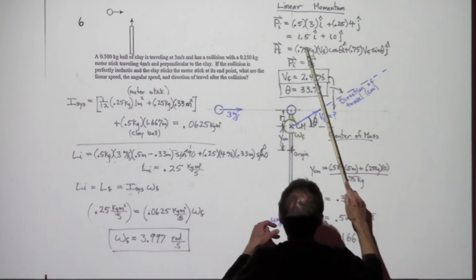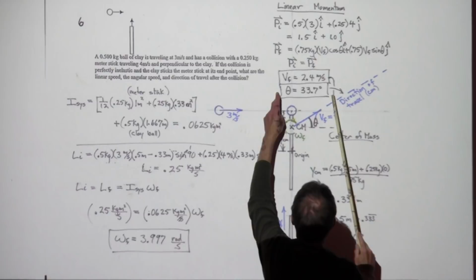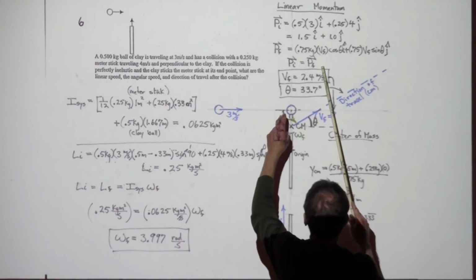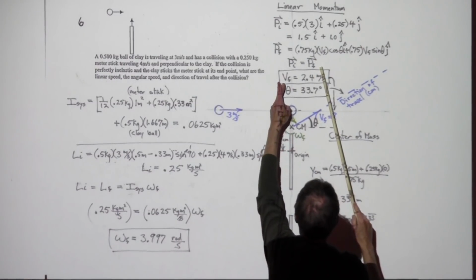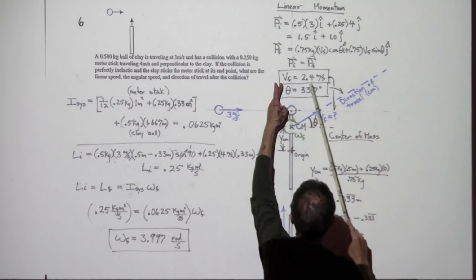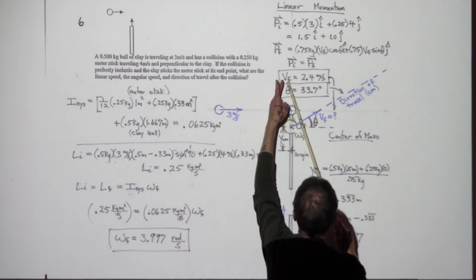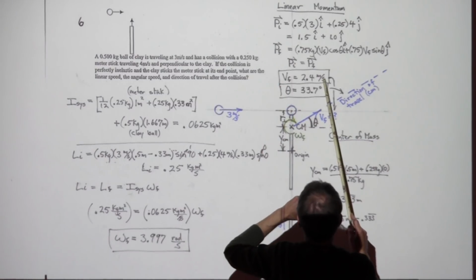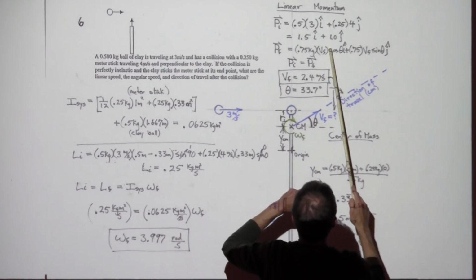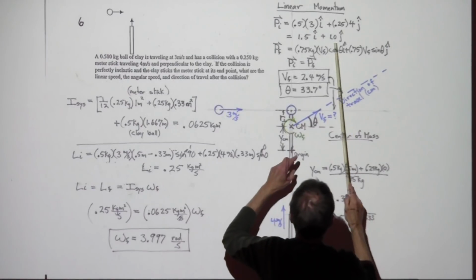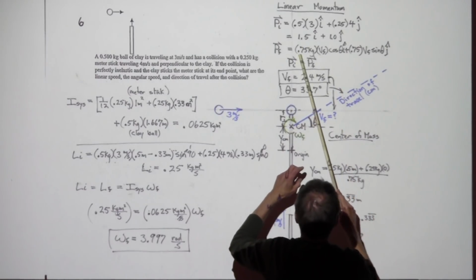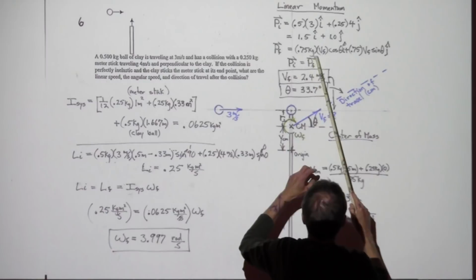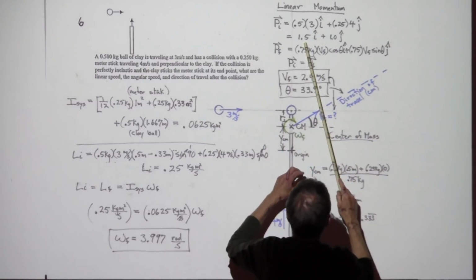And here I've got some actual numbers. I can get P initial equal to P final, and maybe I'll let you work through that detail. But you get V final, so you get an actual speed. Consider we've got these two equations and two unknowns. We're going to take this in the x direction, set it equal to 1.5.